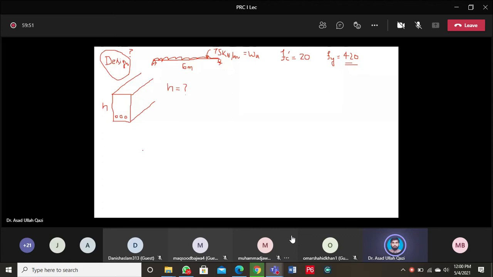Open your notes and anyone can respond. Yes, please. Sir, it is L over 16. For simply supported, 420. Yes, sir. Sure. Anyone else with a different view?